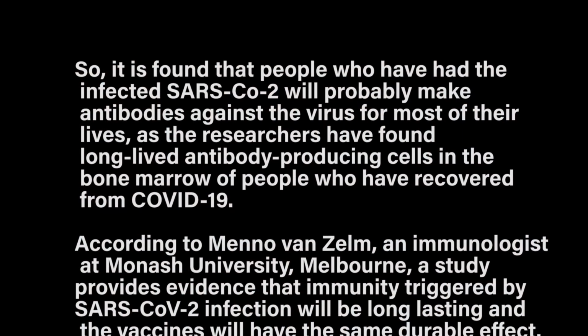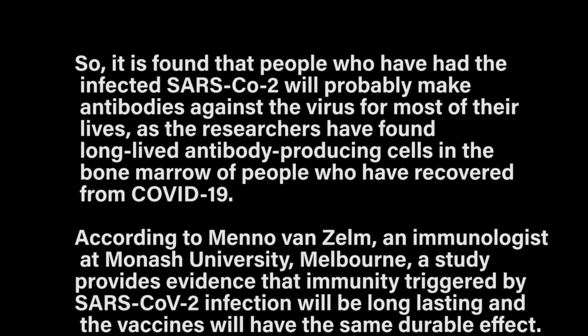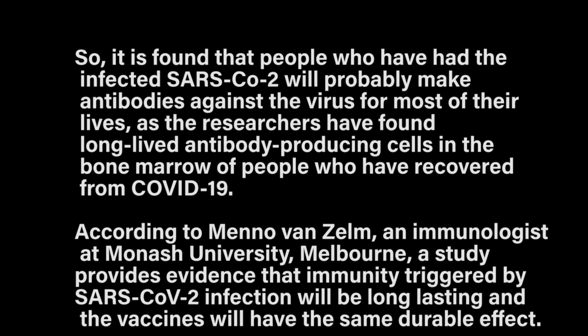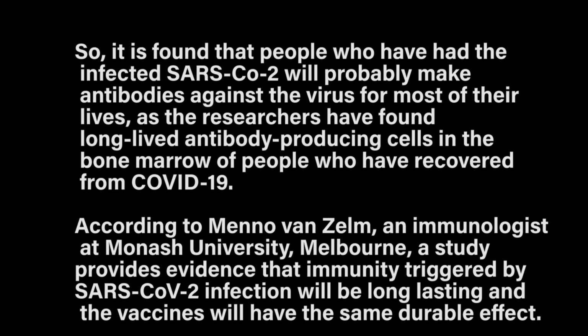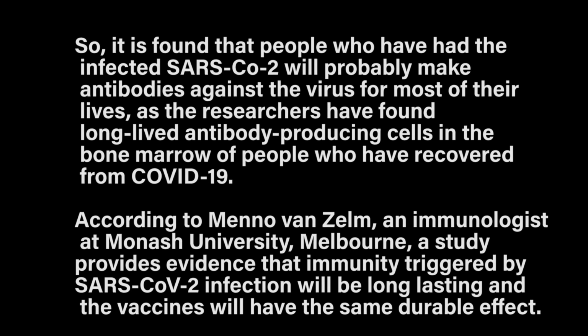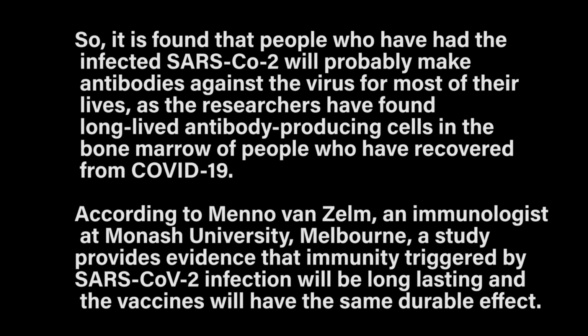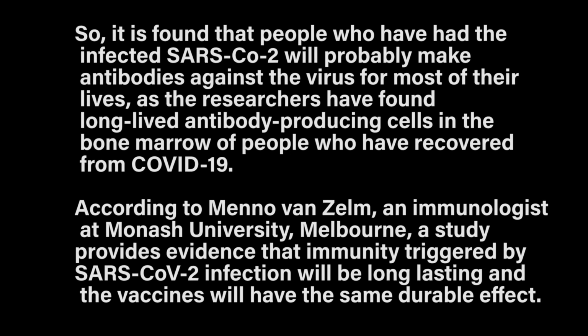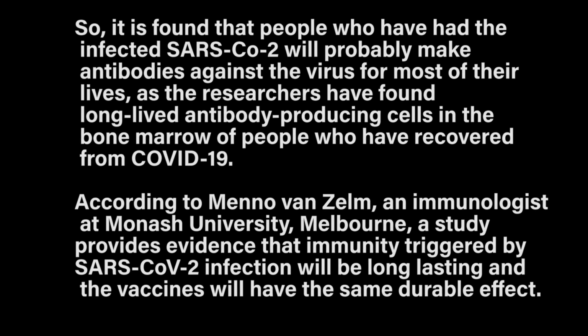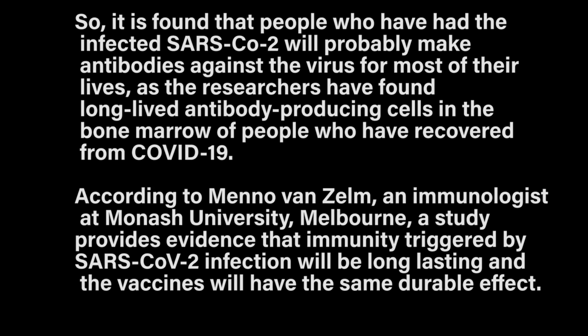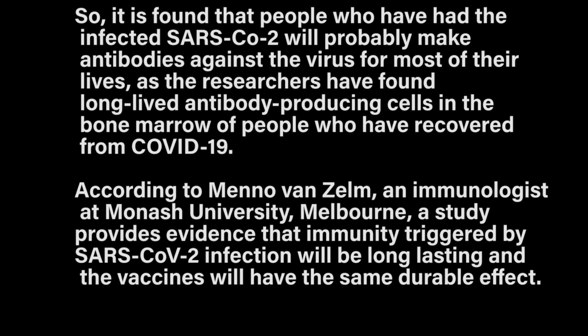So it is found that people who have been infected with SARS-CoV-2 will probably make antibodies against the virus for most of their lives, as the researchers have found long-lived antibody-producing cells in the bone marrow of people who have recovered from COVID-19.